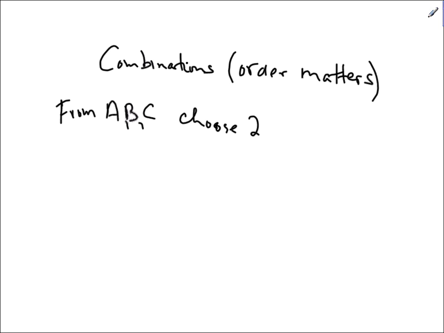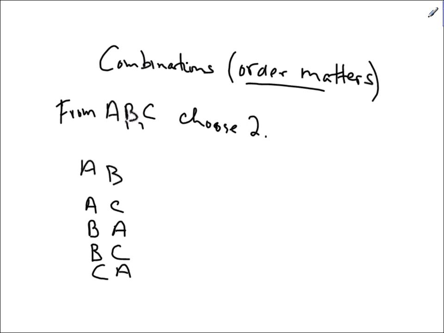How many ways can this be done? But this time I'm telling you, the order matters. Well, you can have A and then B, or A and then C, or B and then A, and then B and then C, or C and then A, or C and then B. There are 6 different ways of choosing 2 of them.